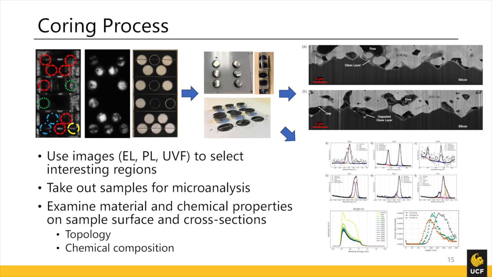In this case, for electroluminescence and photoluminescence images, we can find regions that look interesting, take them out, prepare them, and do things like scanning electron microscopy, which is down at the micron scale, and do some different chemical analysis techniques where we can look at not just the surface chemistry, but even what compounds are there, what elements are there, even the energies of those bonds to give us some idea of what chemical reactions might be happening or have already happened.